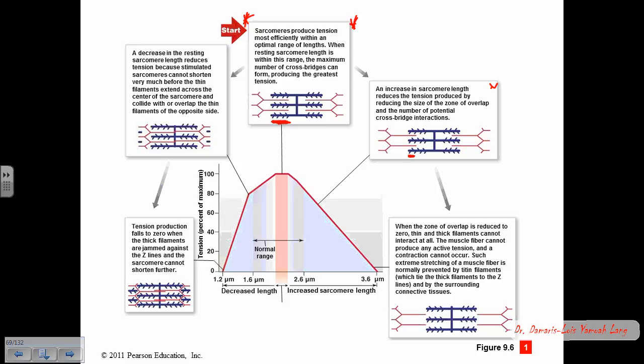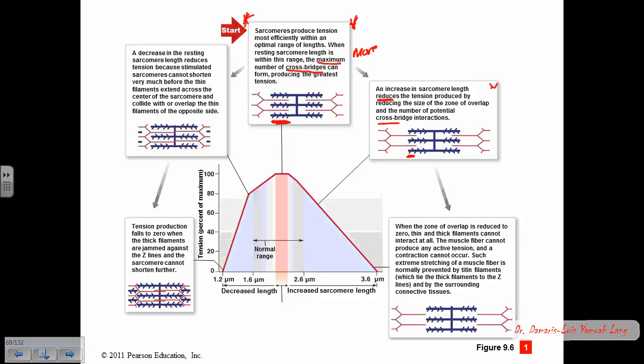Do you all see that? It's not as much as this overlap. So it means that here there will be the maximum number of cross bridges compared to here, where there will be a reduced number of cross bridges. Are you with me?